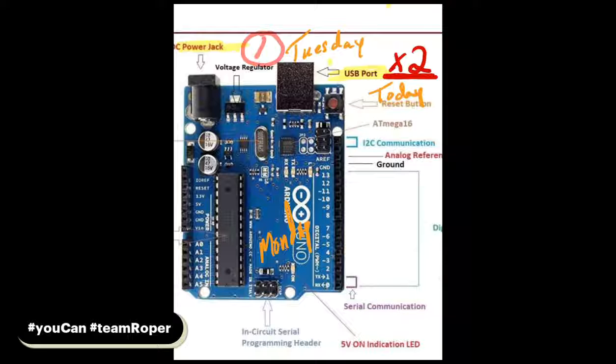On Tuesday we talked about your DC power: what are the things that you are connected to? What energy is coming into your circuit board? Again, your circuit board is your mind. Our mind controls us. So today brings us to Wednesday, and we're talking about USB ports.